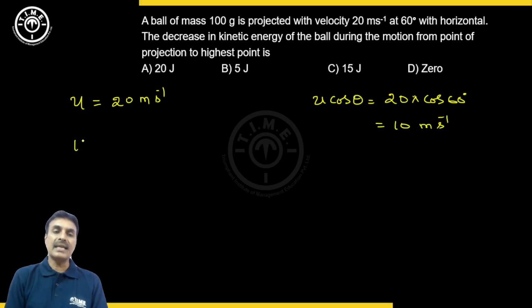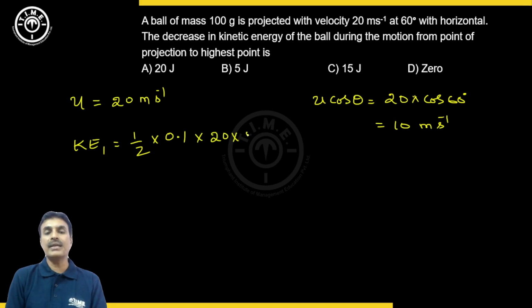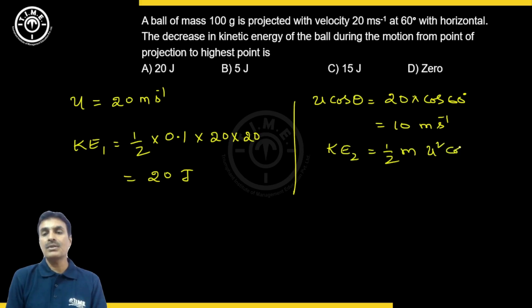Now initial kinetic energy KE1 is half into mass of the body, the ball of mass 100 gram, converting it into kg, that is 0.1 into v square, 20 into 20. So this becomes 20 joule. Whereas kinetic energy in the second case, KE2 is half m u square cos squared theta, because velocity is u cos theta at the highest point.